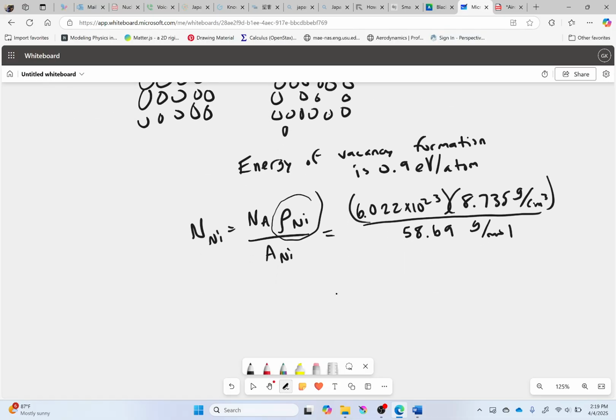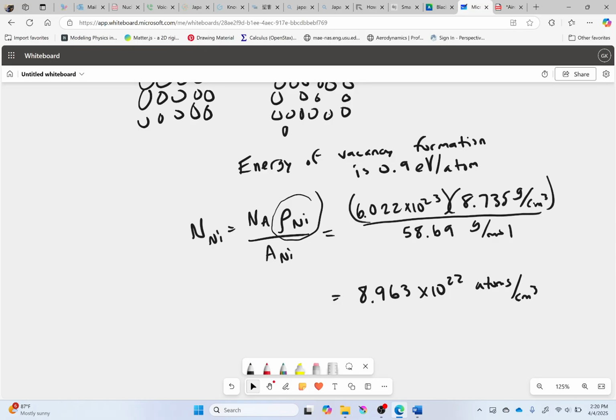So what this gives me then is the number of atoms I have per cubic centimeter. So let's plug that in our calculators. And that comes out to be 8.963 times 10 to the 22nd atoms per centimeter cubed.